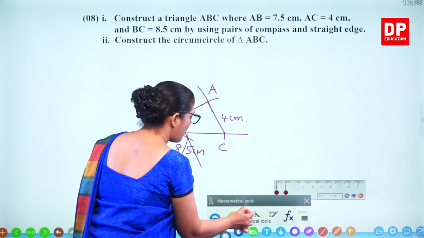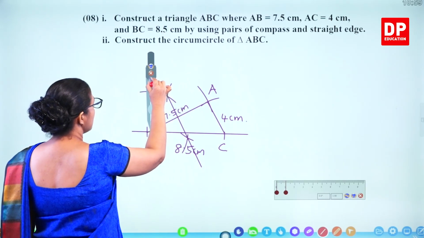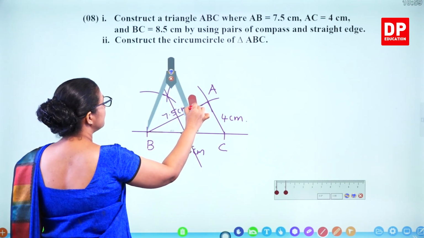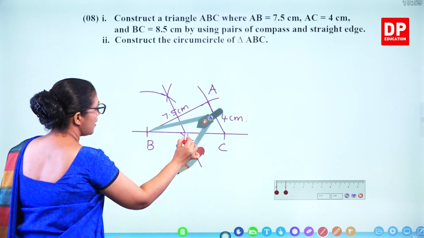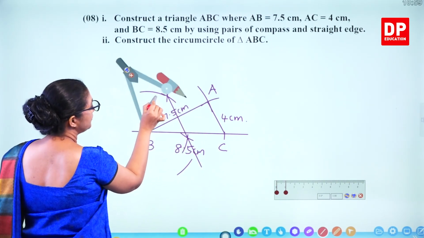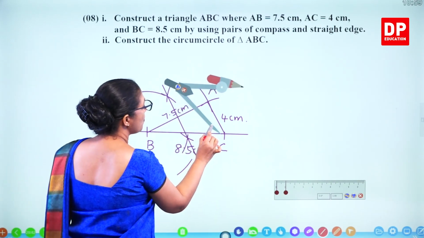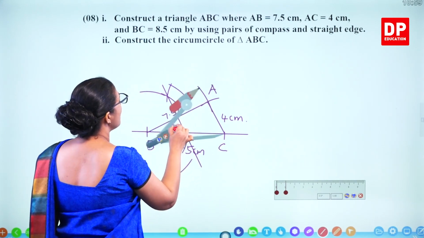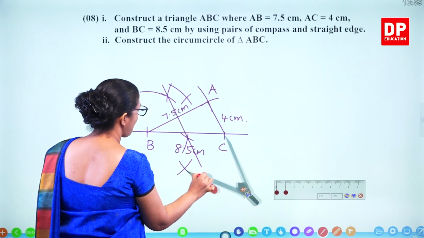So take the compass. Now I'm drawing a perpendicular bisector to BC. I can draw an arc below and above. And here also keep on top of C and draw an arc here and here.